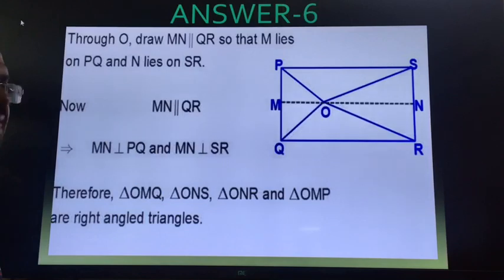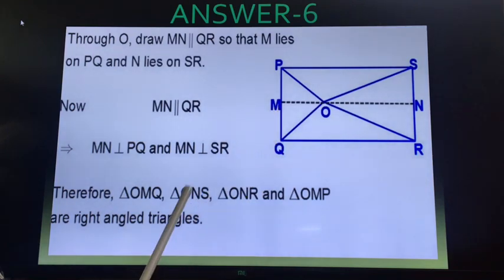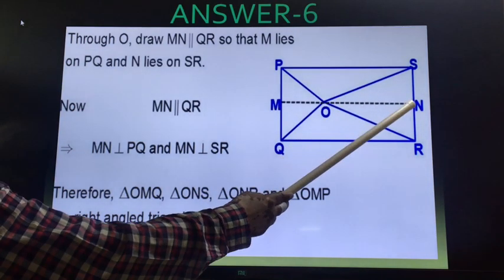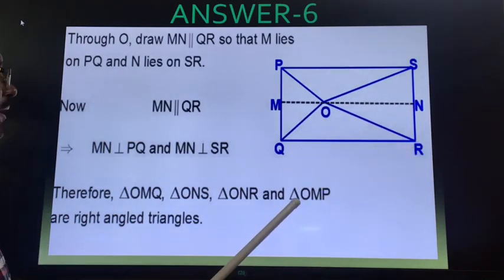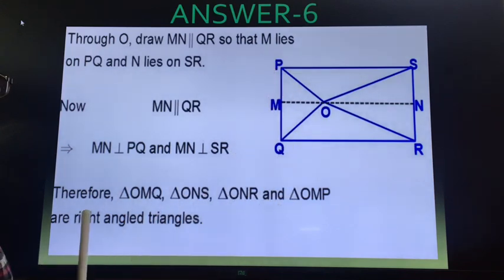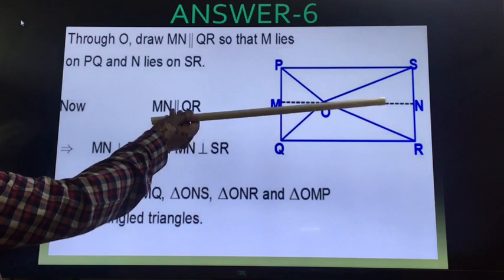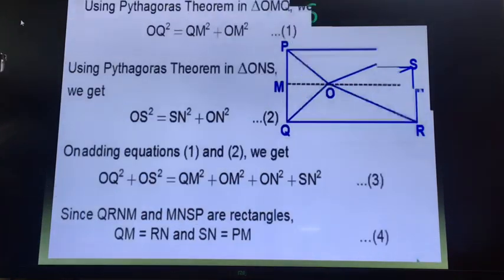Therefore triangle OMQ, ONS, triangle ONR, and triangle OMP are right angled triangles. So after drawing this parallel, we will get these right triangles.